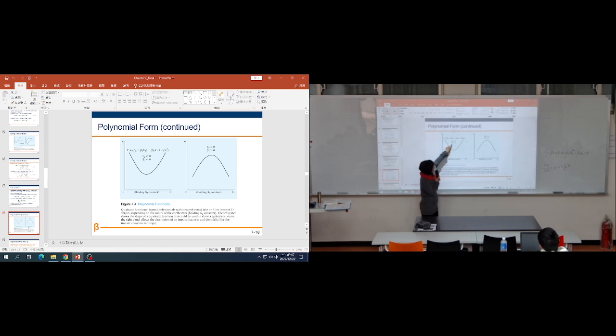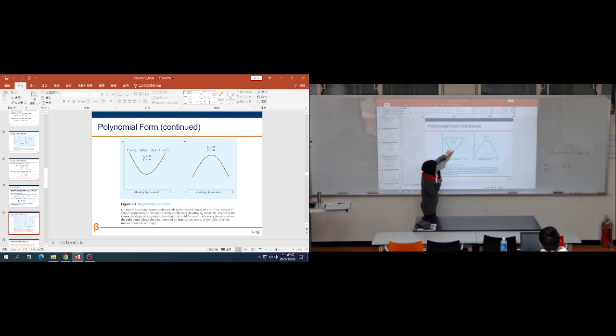If we have beta 1 less than 0 and beta 2 greater than 0, it means this is negative, this is positive. What do we mean by that? This means that as x1 increases, y decreases.